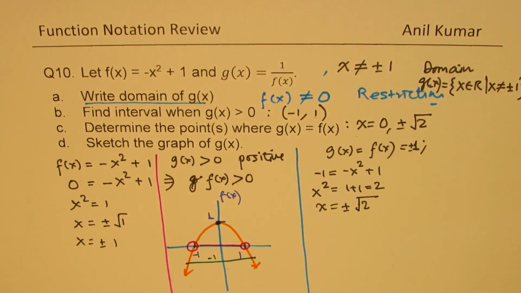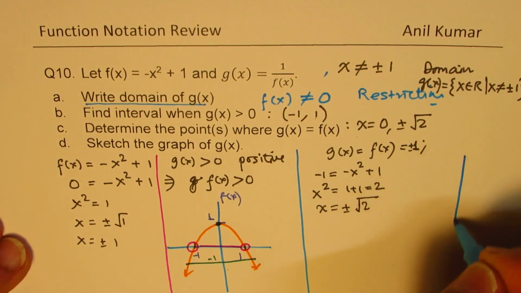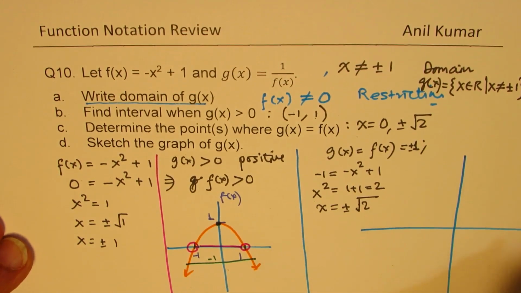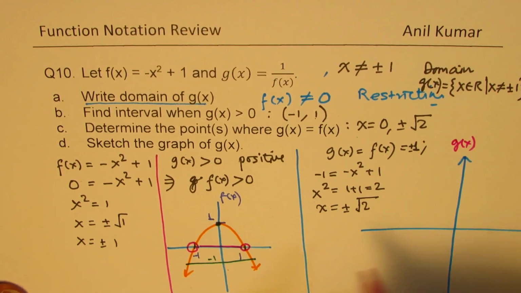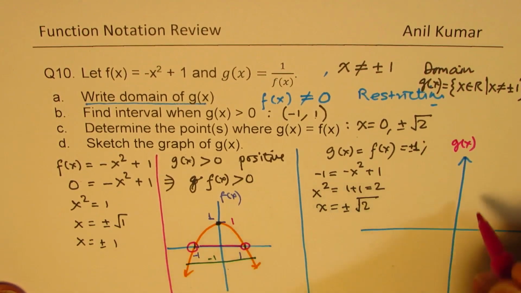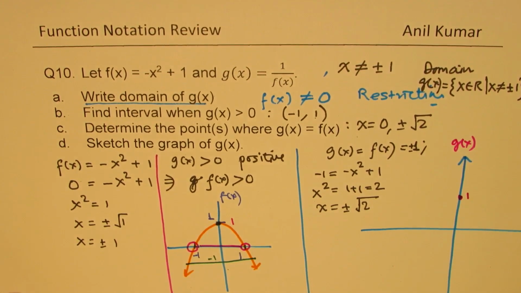And now, the last question here is, we need to sketch the graph of g of x, right? So let's sketch the graph of g of x. Okay, so I'll sketch it here. So at 0 it was 1, so we do get a point at 1 on g of x.